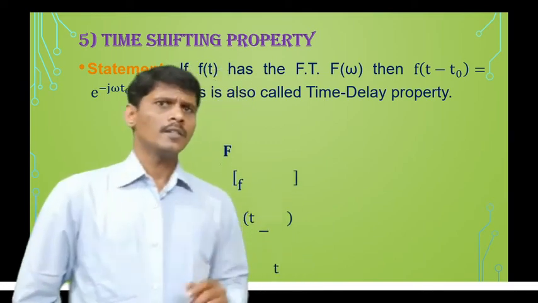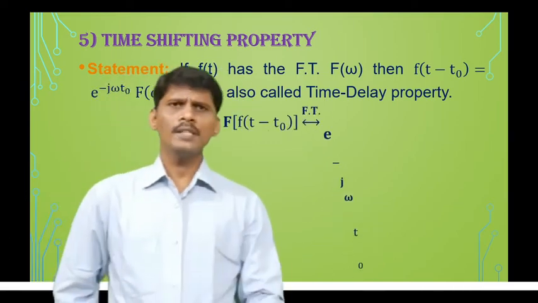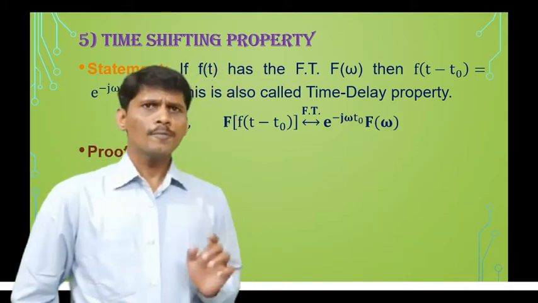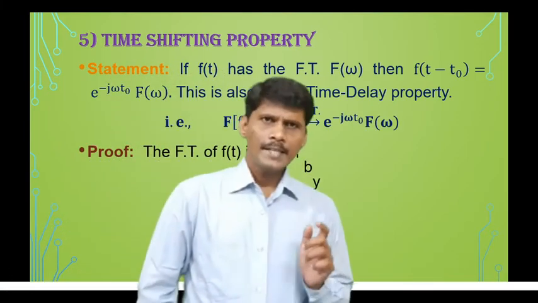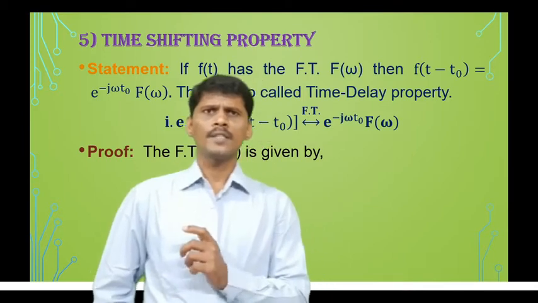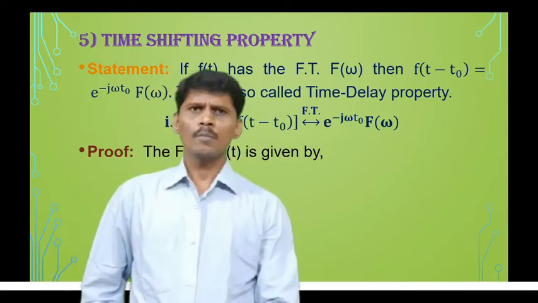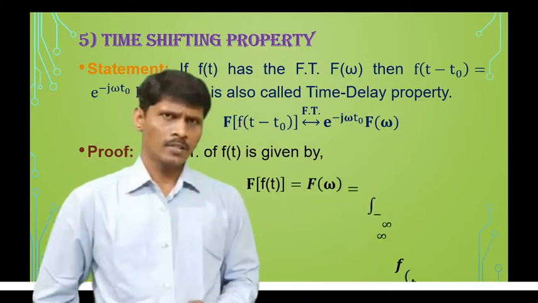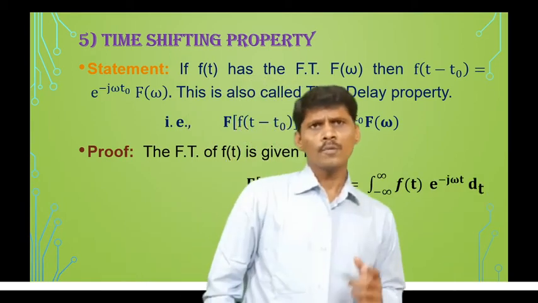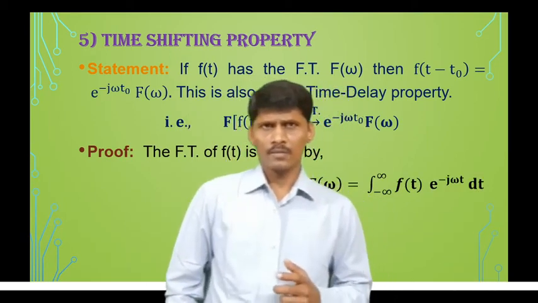We know that the Fourier transform of f of t is given by F of omega, which is equal to the integral from minus infinity to infinity of f of t into e power minus j omega t dt. That is the definition of the Fourier transform of a signal.